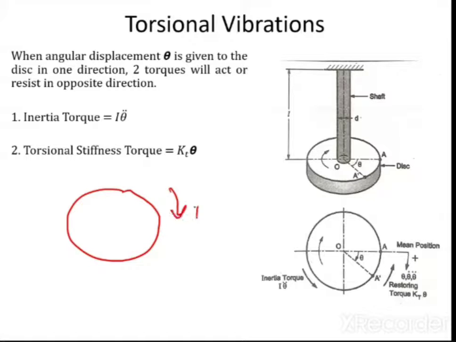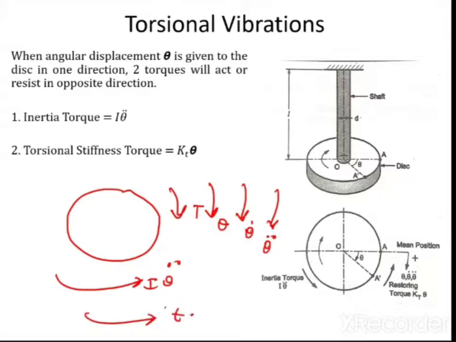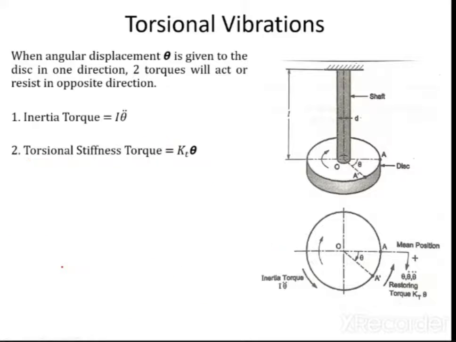If the applied torque T, theta dot and theta double dot are clockwise, then this I theta double dot and this kT into theta will act opposite to this. These are called the inertia torque and the restoring torque. This torsional stiffness torque is also called a restoring torque. So they will act opposite to this angular displacement.